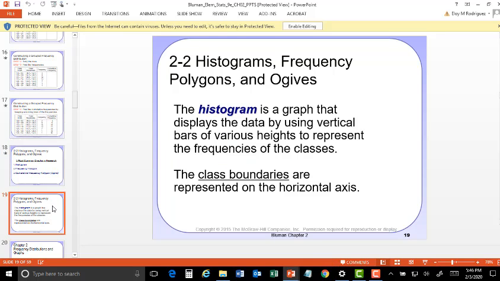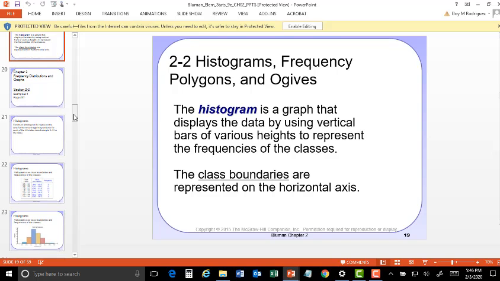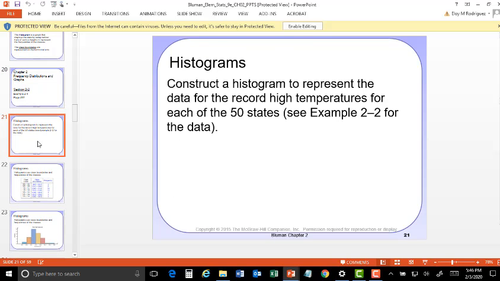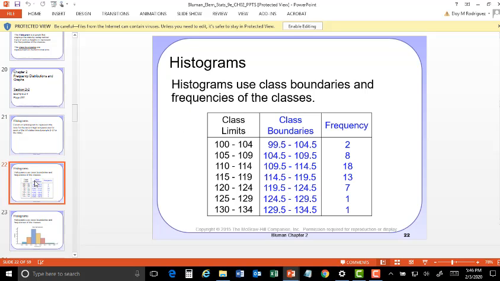Okay, now we're going to go to the histogram. Okay, so this is back again.